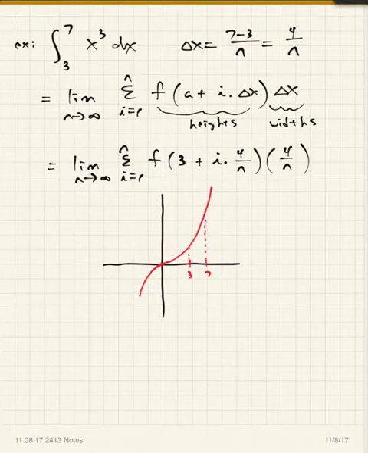So this is the area we're trying to write using this limit: the area underneath the function x cubed between 3 and 7. Not going to calculate that out. That would be too difficult to do, to be very honest with you.